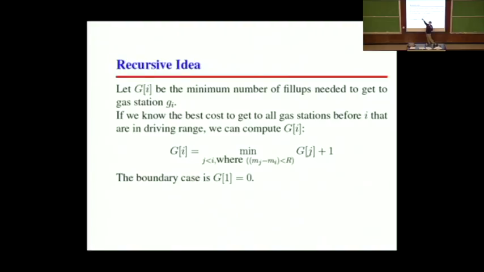On a long trip, it's going to be defined by the range of my tank. So in the long run, unless I'm really driving a tanker, it won't be that many stations. But the way I think about it is, I've got n boxes to fill. I'm minimizing over potentially all J less than I. That means it might take n steps to do it. This would be an n-squared algorithm recursively. Any questions?